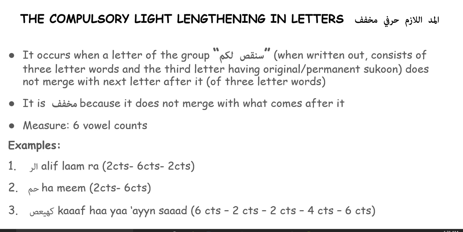It is also to be measured with 6 vowel counts. We are going to understand this better in the examples below. In the first example here, alif, lam, ra, we have already mentioned that alif is not to be lengthened at all. But lam, when we spell lam, we have lam, fatha la, alif with madd, and mim with sukun.